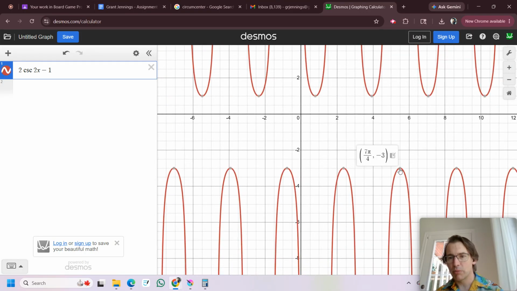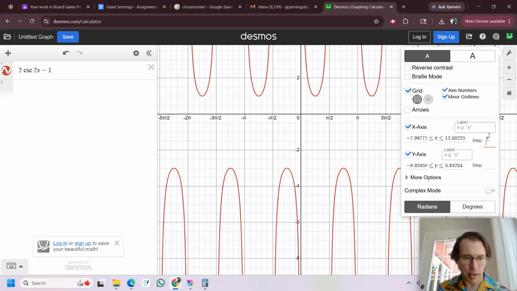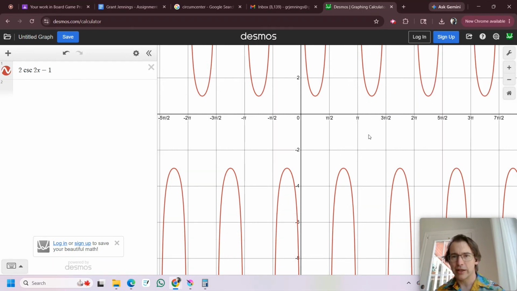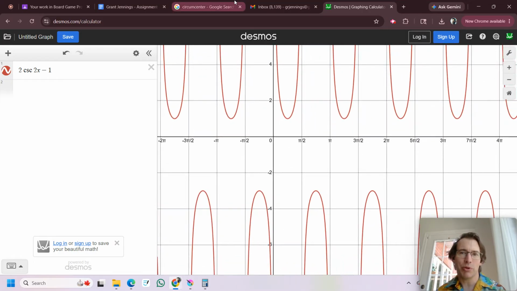But this one's 7 pi by 4, minus 3, yay. So we check it, and we see that they're not exactly parabolas, right? And then for style points, we're going to flip this into a pi by 2 scale, turn off the minor grid lines, and you can see that actually kind of is our asymptotes, right? Okay, cool. Let's keep going.